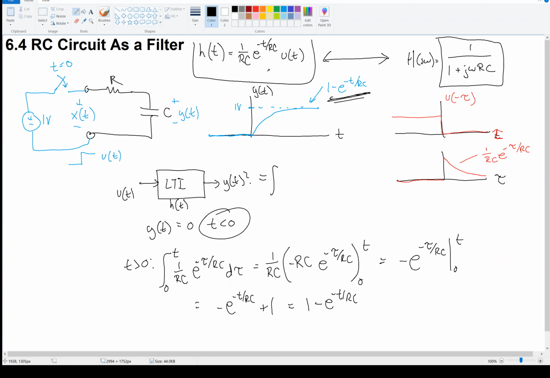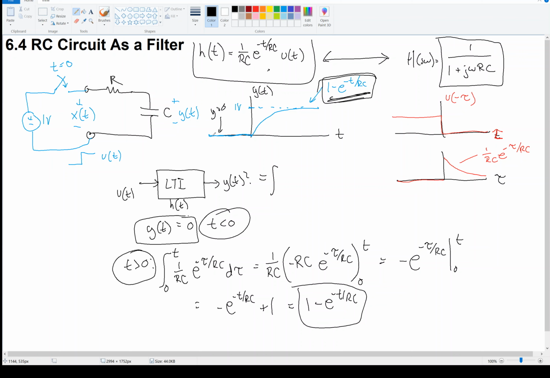And wouldn't you know, that's exactly what you got in circuit analysis here, right? Except we did it in a completely different way. And remember that this was for t greater than 0. For t less than 0, this applied. That's this part, right? y equals 0 here.